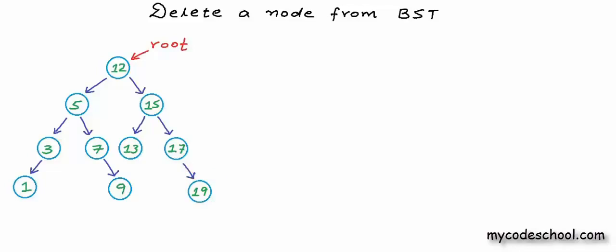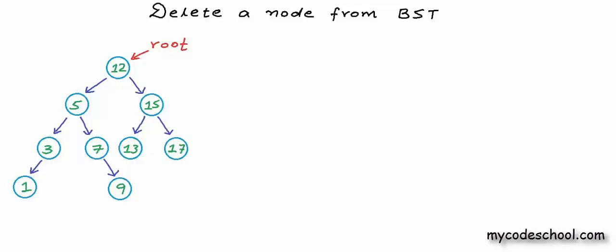This particular node with value 19 that we are trying to delete here is a leaf node. It has no children. And even if we take this guy out by simply cutting this link, that is, removing its reference from its parent and then wiping it off from memory, there is no problem.